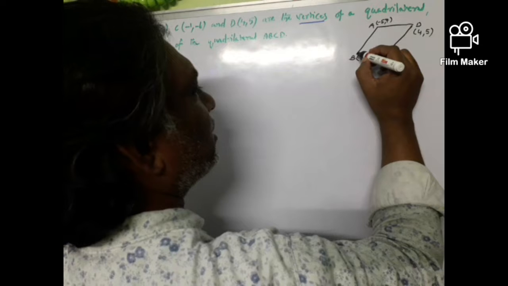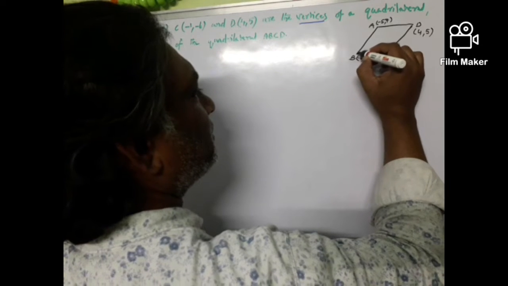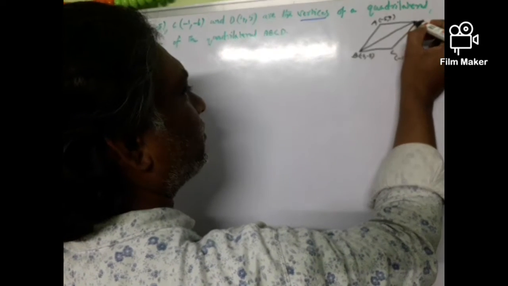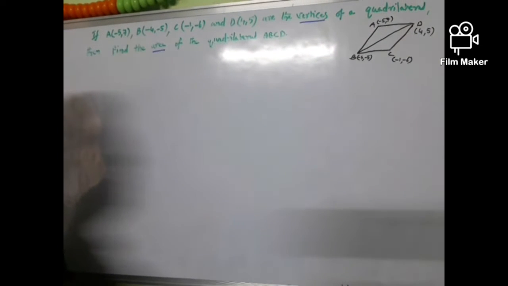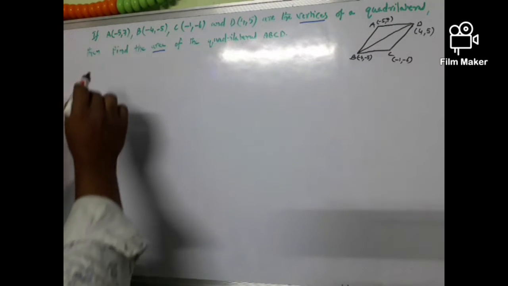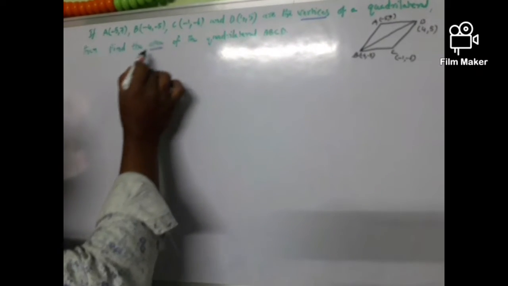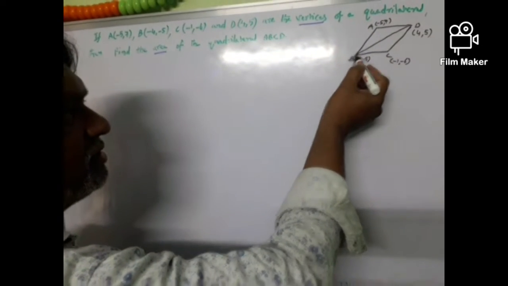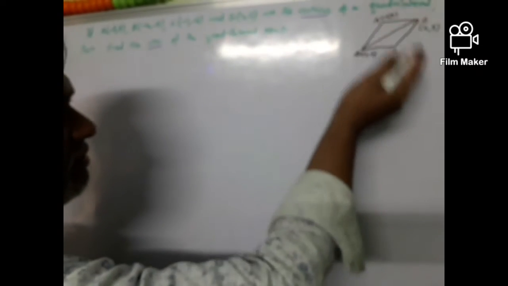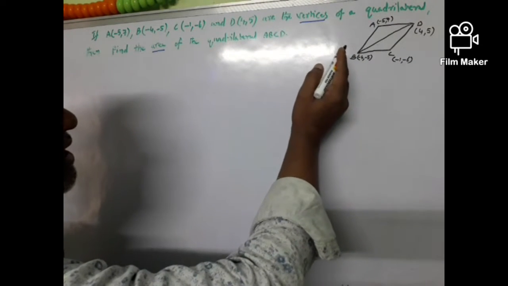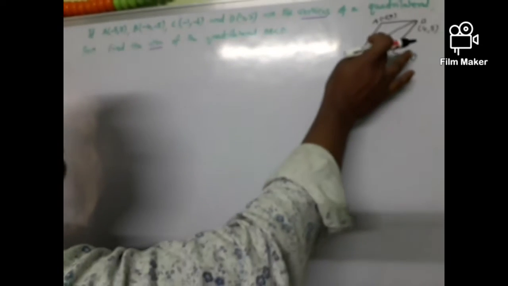Now draw a diagonal BD. BD is the diagonal. In this question, we are asked to find the area of the quadrilateral.